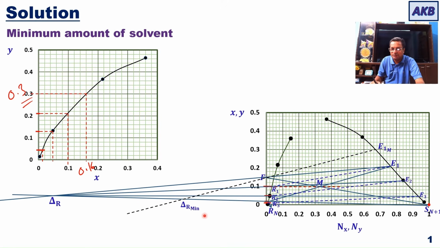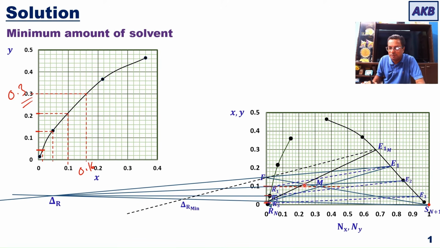So after this, what I have to do, I will draw a line that starts from E1 M and meets Rn. I have to draw a line E1 M Rn. So if I draw it, I will be getting one intersection point, intersection with the line F S plus 1.